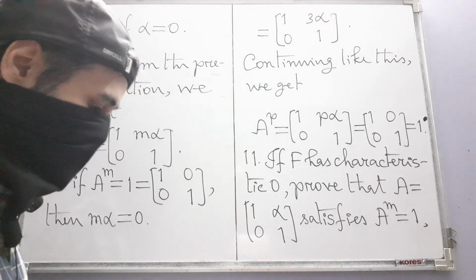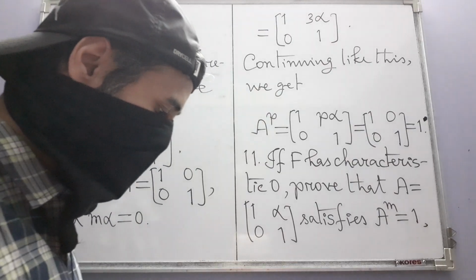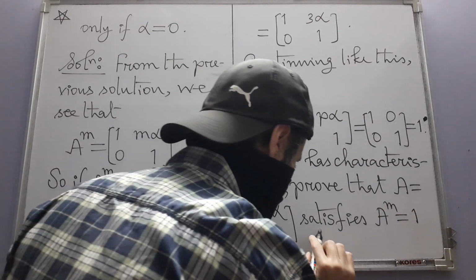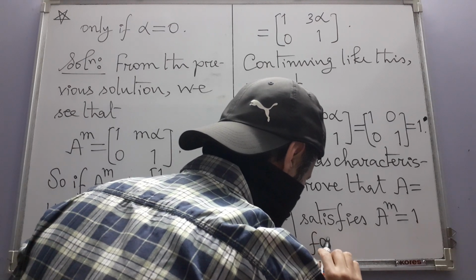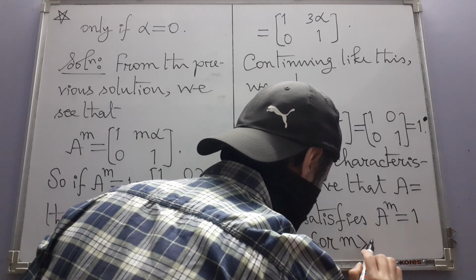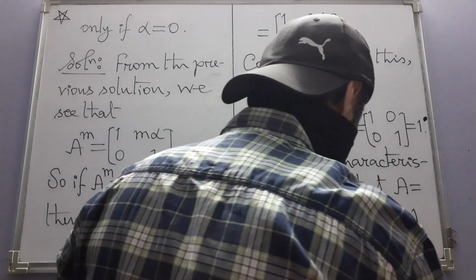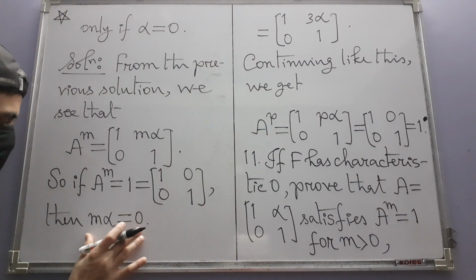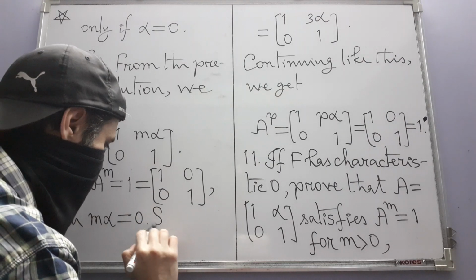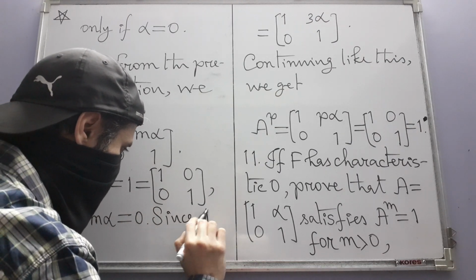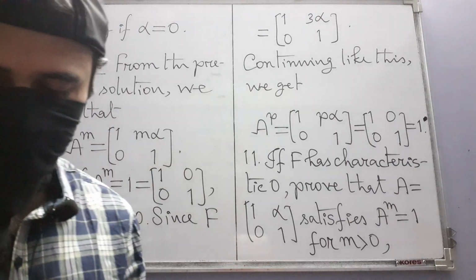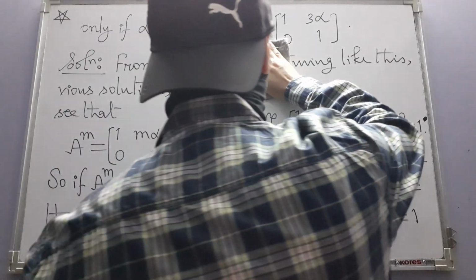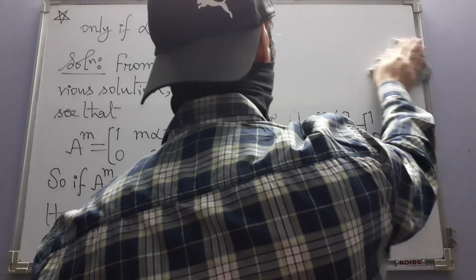Oh, okay, hold on. I forgot to write one crucial thing, otherwise we cannot say anything. For a positive integer m, sorry about that. Only if this. Okay, so we are now having this. Since F is of characteristic 0 and m is a positive integer, m alpha is 0 means alpha has to be 0.